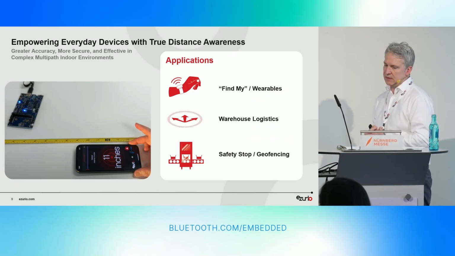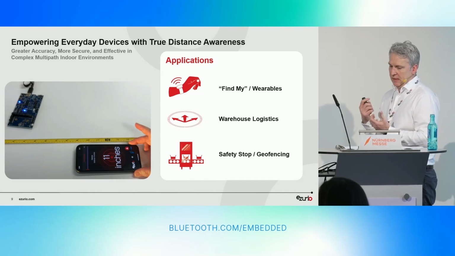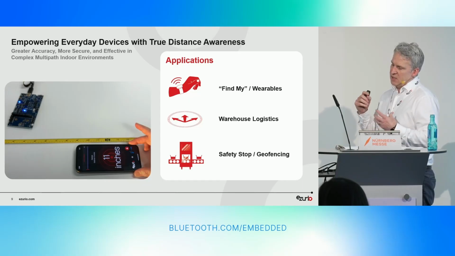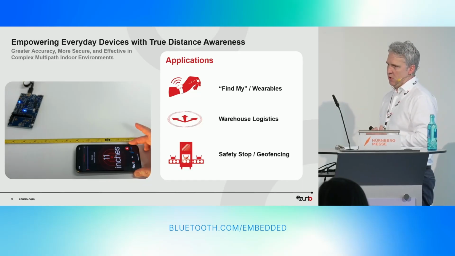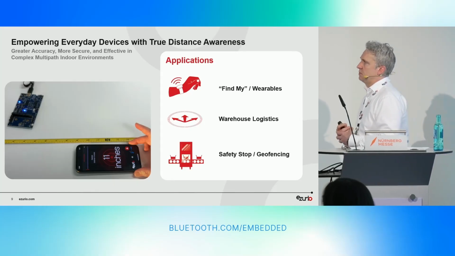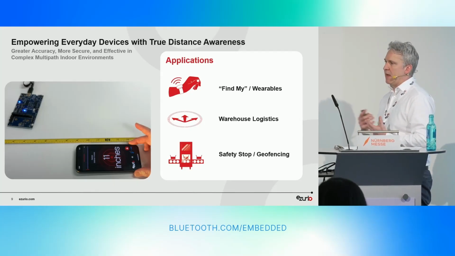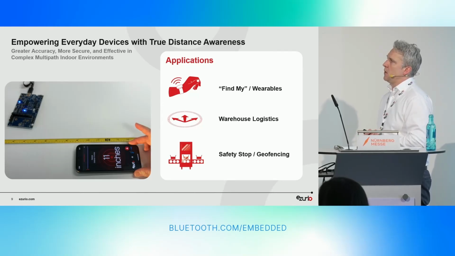So you see this touted a lot in smart locks, safety devices, access control. It's approaching UWB level performance, but noting Bluetooth's ubiquitous advantage in cost, power consumption, and scalable deployments out in the market.